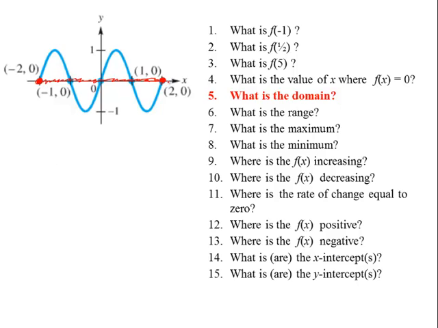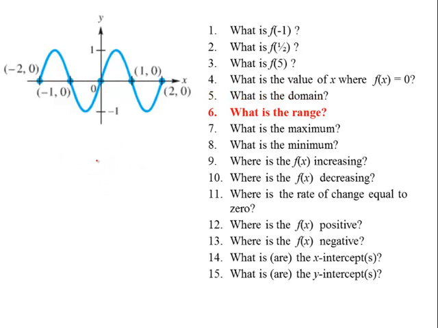Because these are closed circles, they can equal. So we put our smallest x here, our largest, and x can be any value in between, and it can equal negative 2 and it can equal a positive 2. So that is the domain.